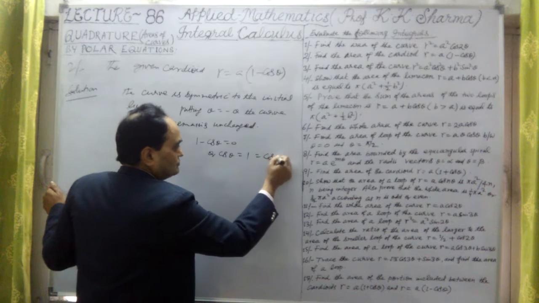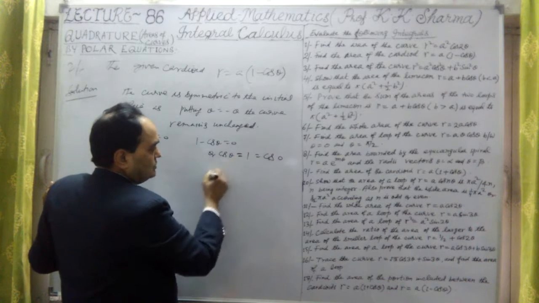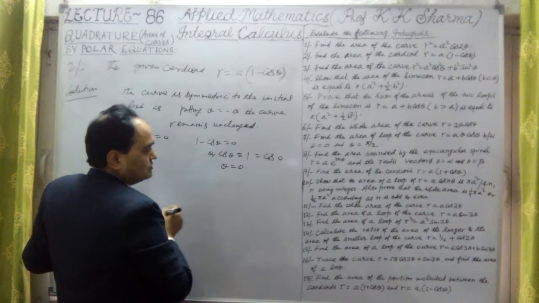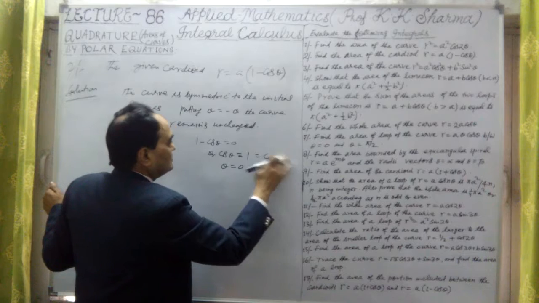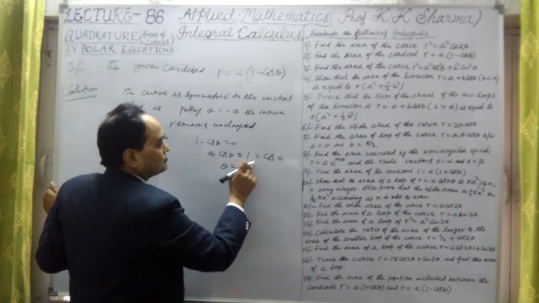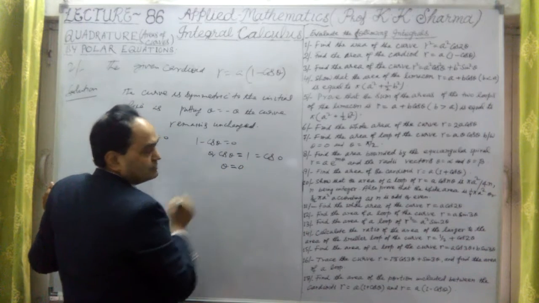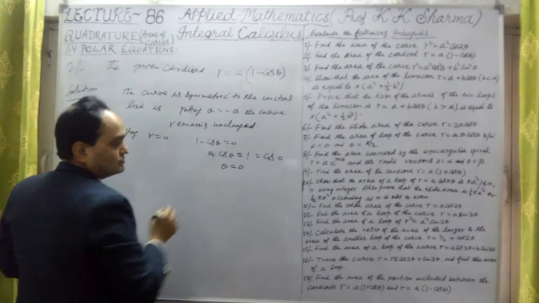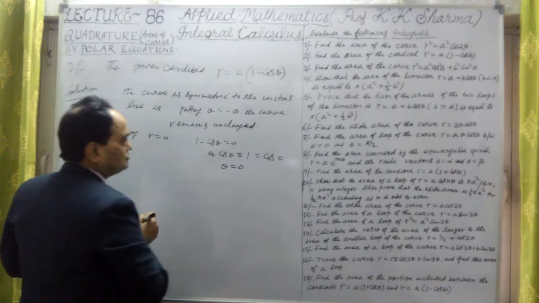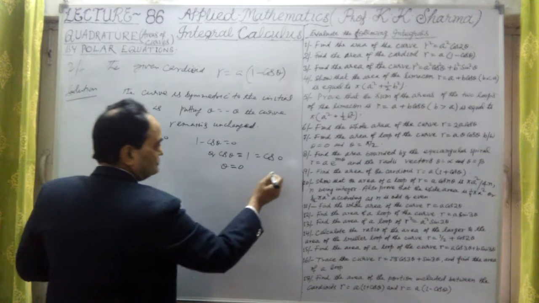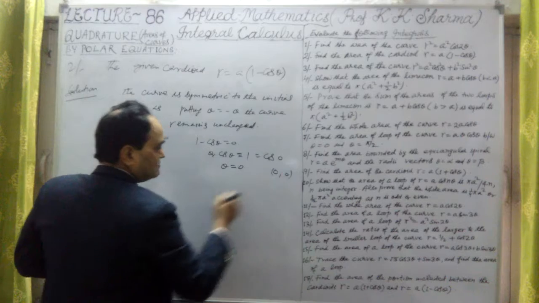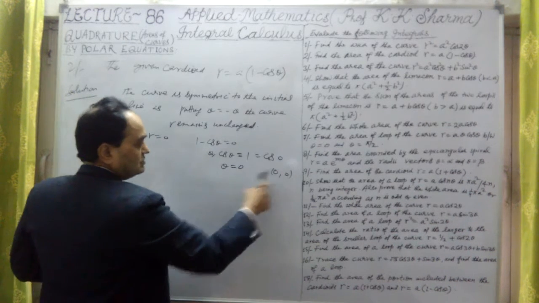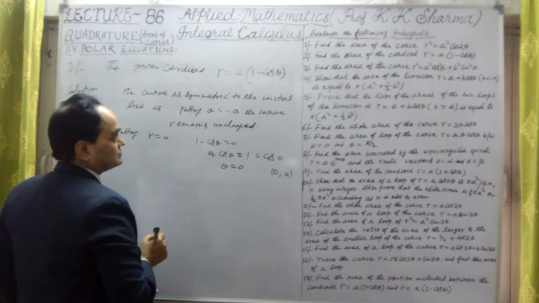That means cos 0. So here theta comes out to be 0 at r equal to 0. First point is 0, 0. That means this curve is meeting the initial line at the pole. The curve starts from here.